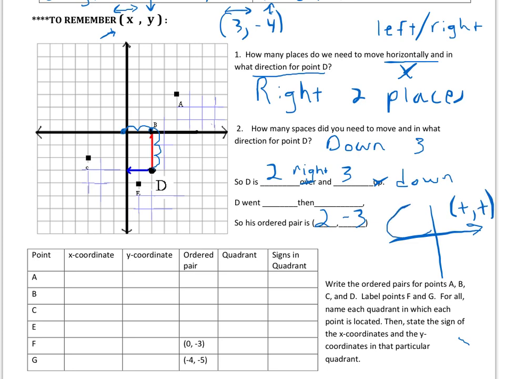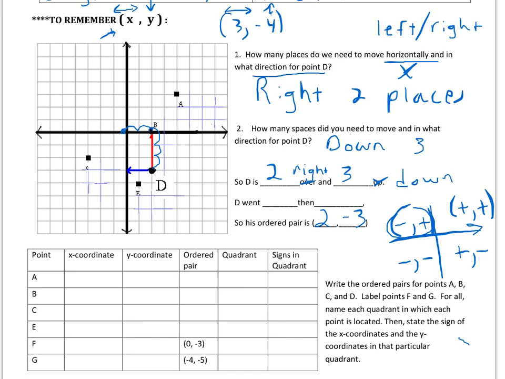Any ordered pair in this quadrant, you would start by moving left on the x-axis, so that would be a negative, and then you would move up, so your ordered pair would be a negative and then a positive. This quadrant would be negative and negative. This quadrant would be a positive and a negative. And that's a review from the last objective.